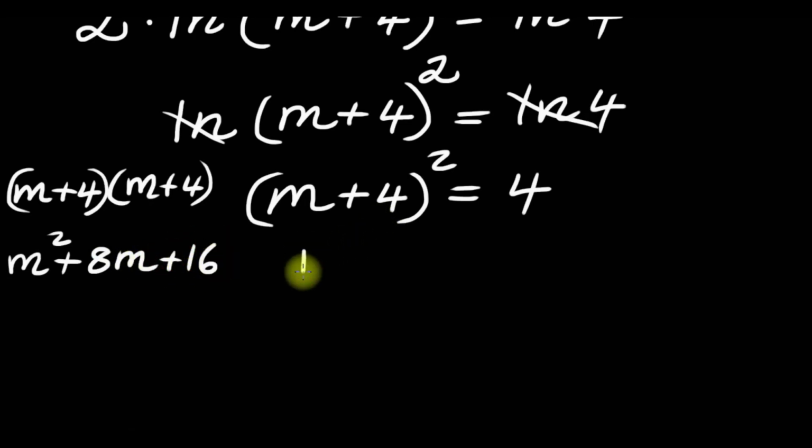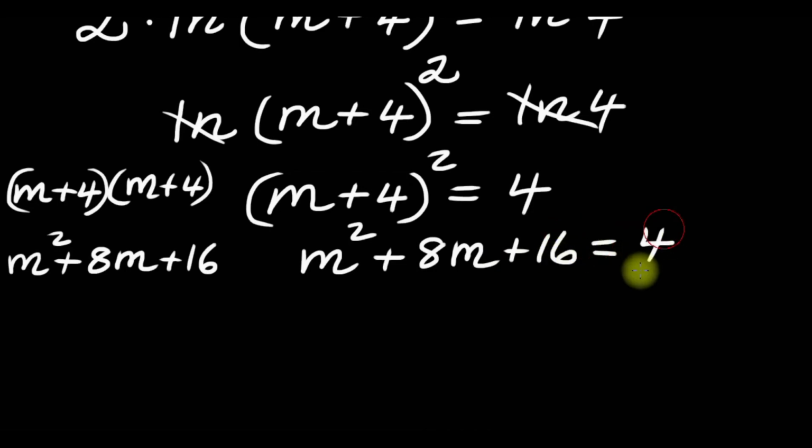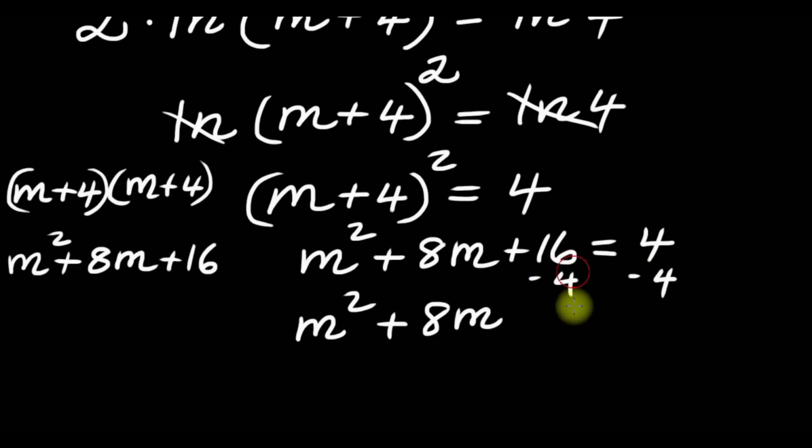So here you're going to have x squared plus 8x plus 16, and then bring down the 4. This is a quadratic equation. I'm going to solve this by factoring. So first thing I need to do is set it equal to 0. So 16 minus 4 is going to give me 12, and it equals 0.